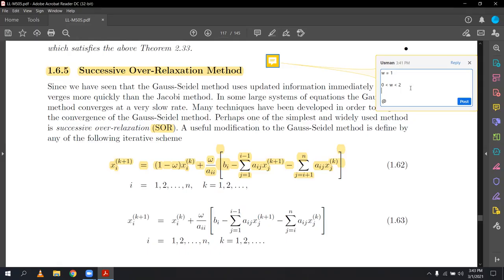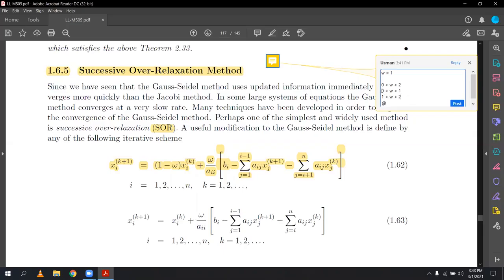The first part is 0 to 1. The other one we call 1 to 2. Now, what does this range mean?